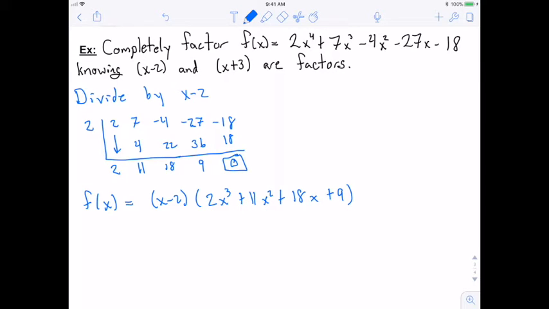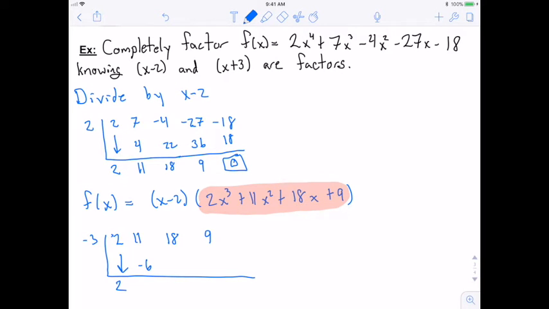Now we have another 0, so we can divide this polynomial by x plus 3 and get something even simpler. So we have 2, 11, 18, and 9. And we'll do our synthetic division again. 2 outside, negative 6 up, 5 down, negative 15 up, 3 down, negative 9 up, with a remainder of 0.